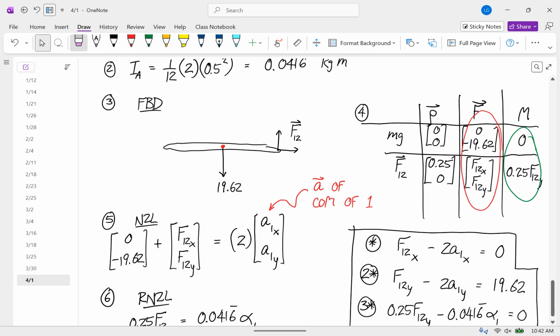So that is 0.16 repeating kilogram meters squared.